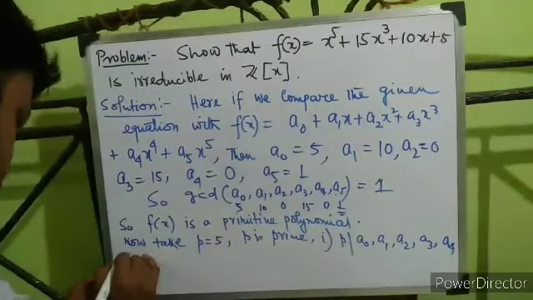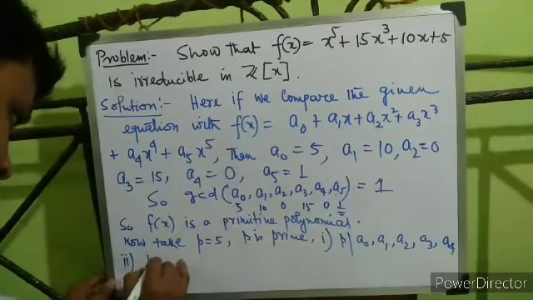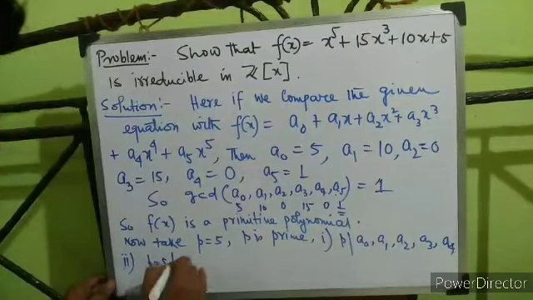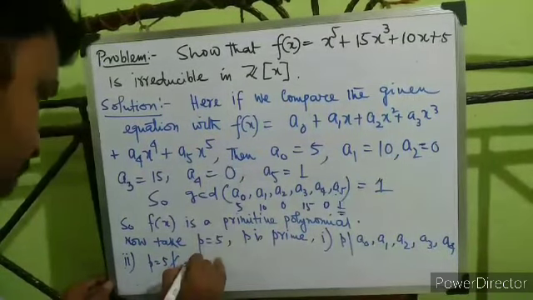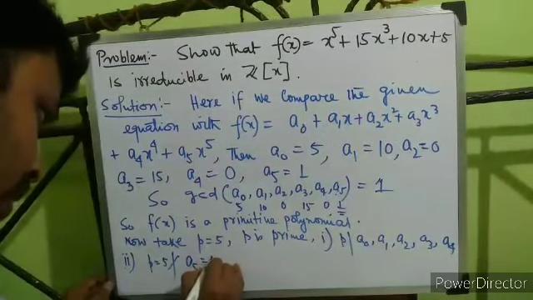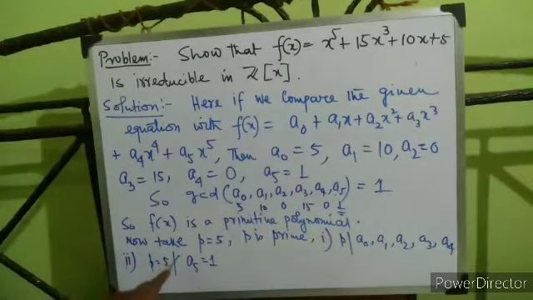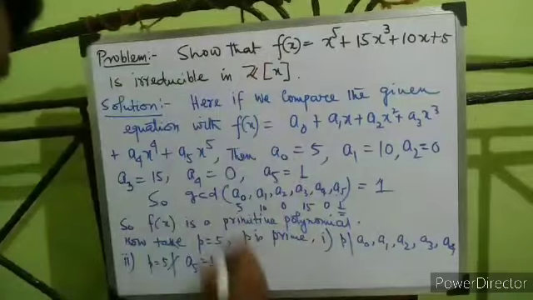Number 2, p equal to 5 does not divide a5, which is equal to 1.